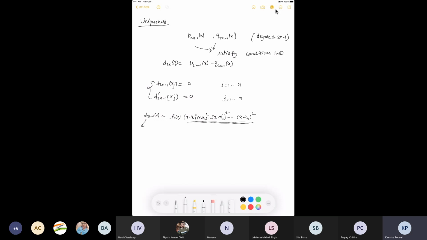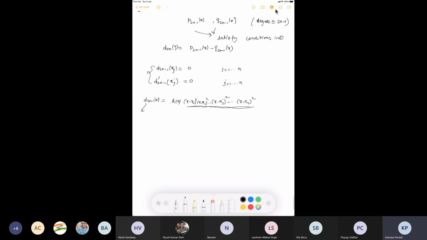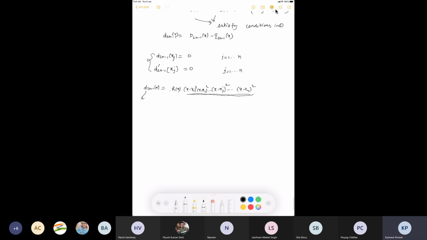So what does it say? If you use the fundamental theorem of algebra, if d is a polynomial of degree less than or equal to 2n minus 1, it can have at most 2n minus 1 zeros, counting multiplicity, right? So this is the same argument we had used in the case of the Lagrange form of the interpolating polynomial.